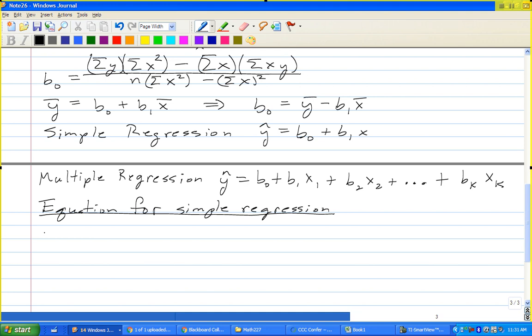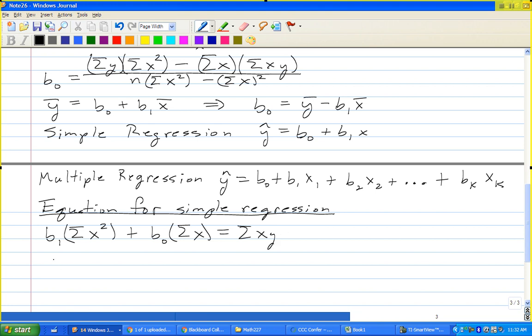So b1 sum x squared plus b0 sum x equals sum xy.